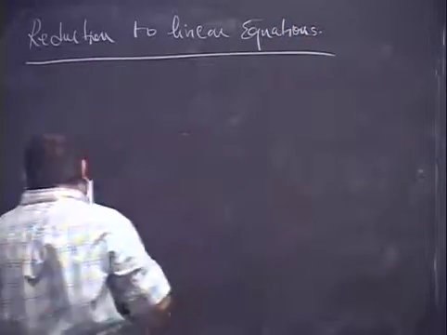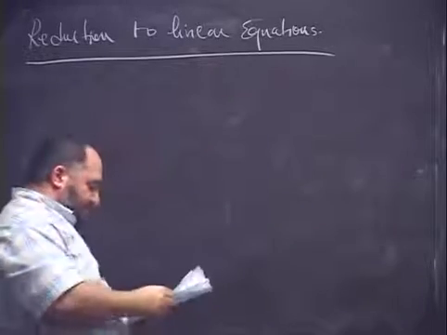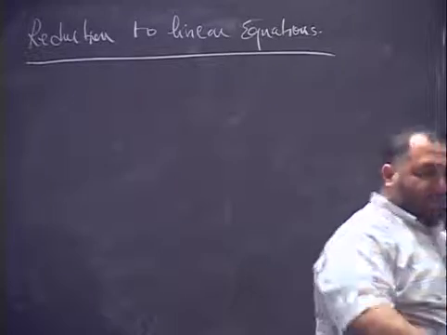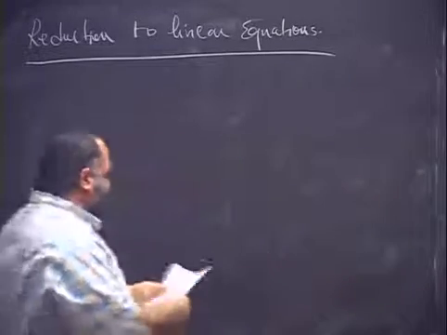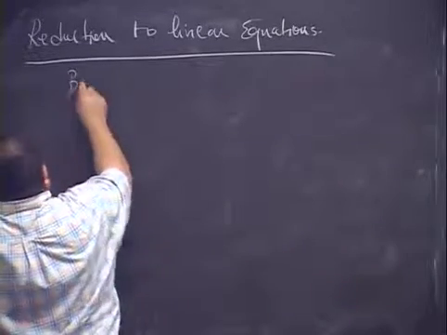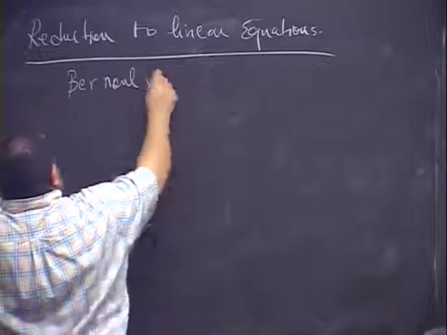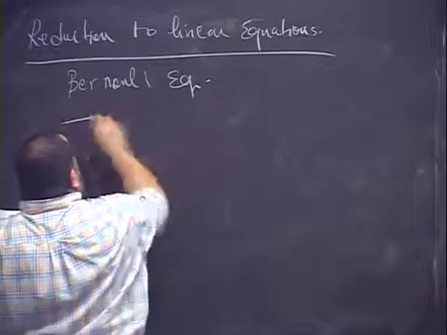In the reduction to linear equations, many of the nonlinear equations can be reduced to a linear ODE by some clever transformation. So one of the equations, for example, is the Bernoulli equation.